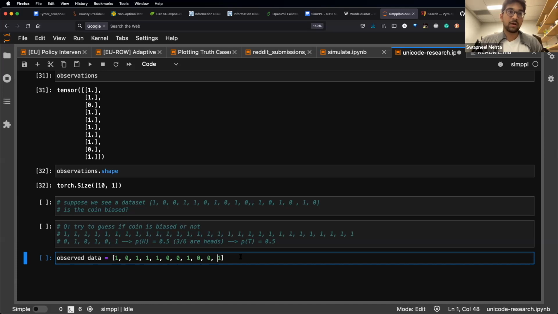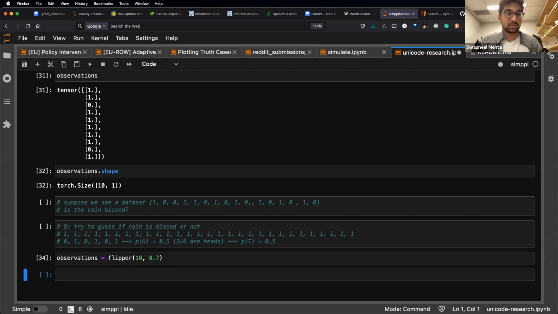Okay. Let's generate some data. Actually, let's set a flipper. I want to generate 10 samples with a certain probability, which is 0.7, let's say. And this is my observed data.